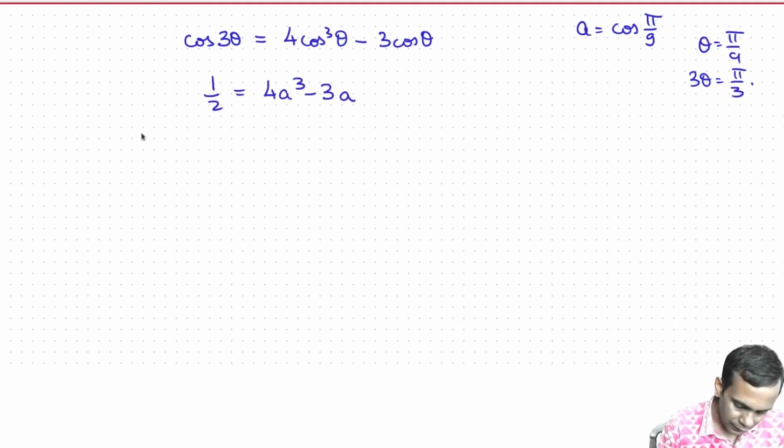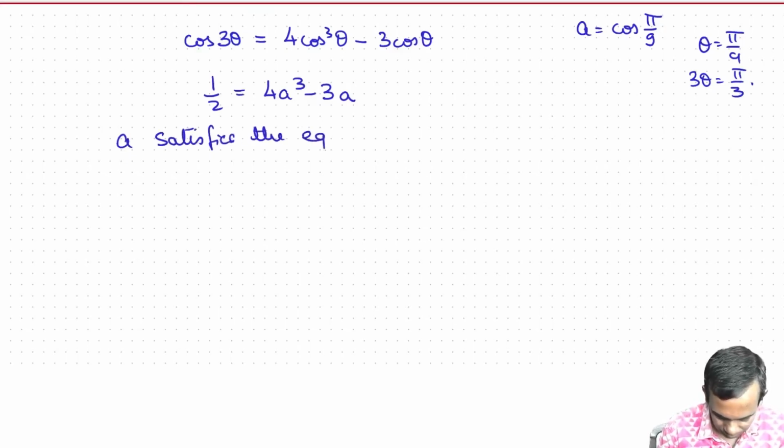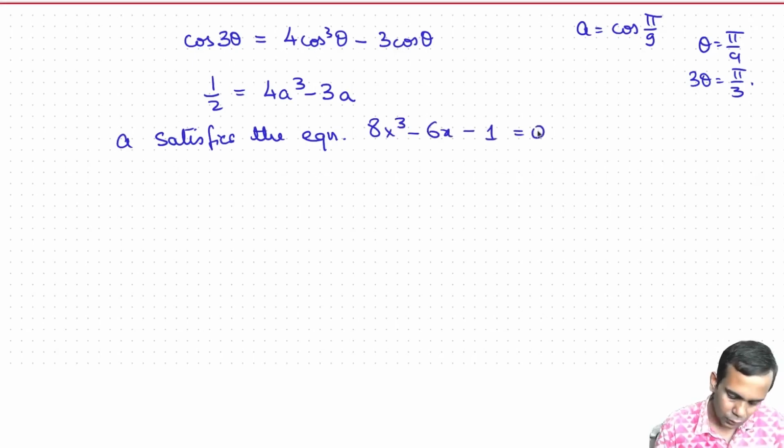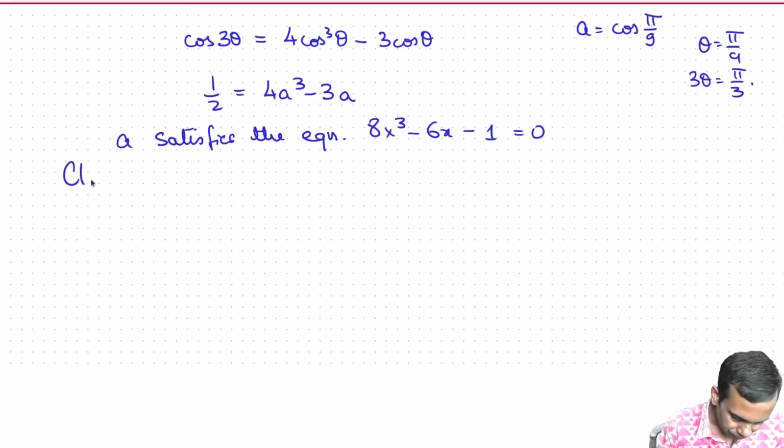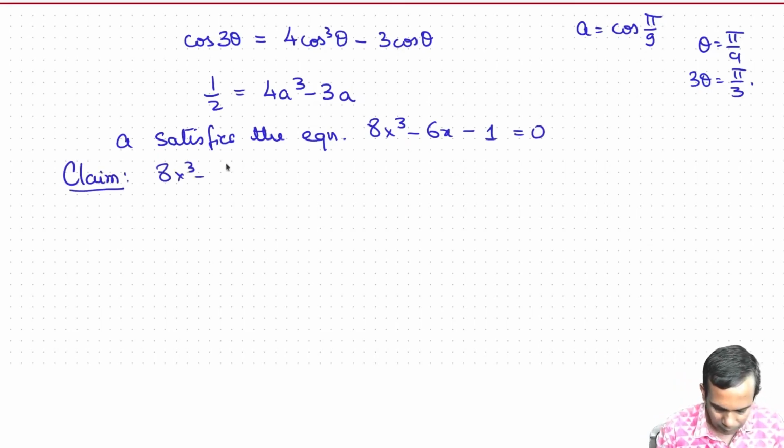So what we have is that a satisfies the equation 8x cubed minus 6x minus 1 equals 0. So it's a root of the polynomial 8x cubed minus 6x minus 1. Now I claim that 8x cubed minus 6x minus 1 is irreducible.